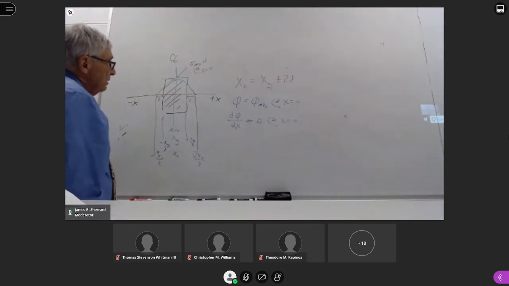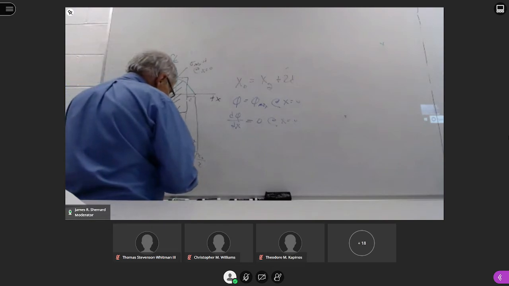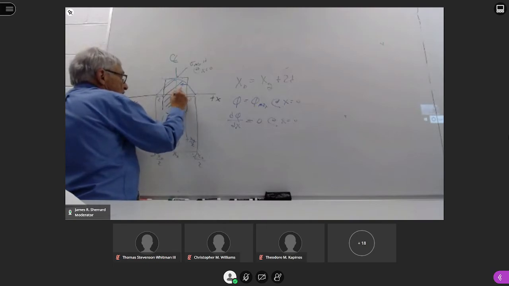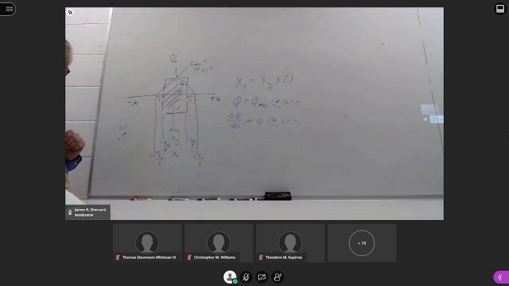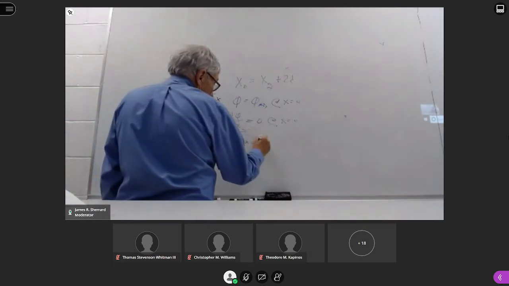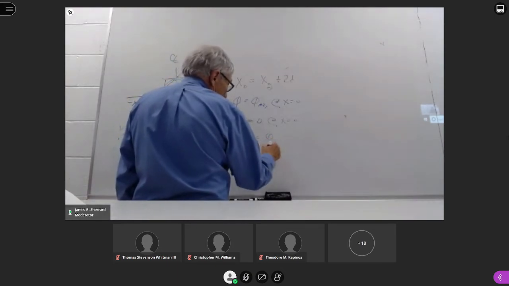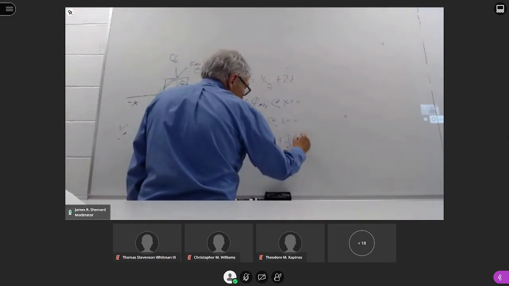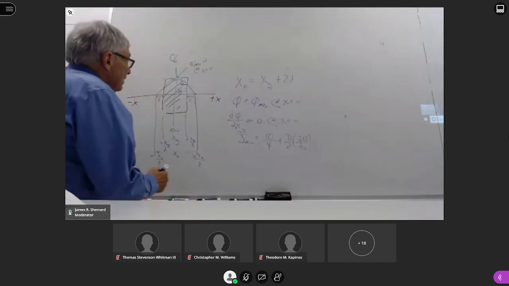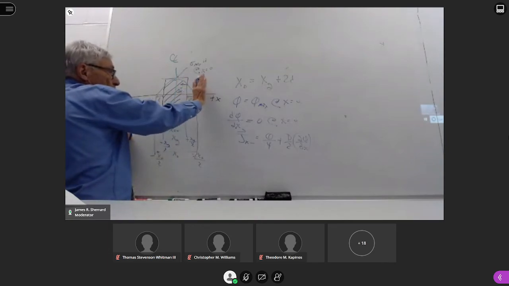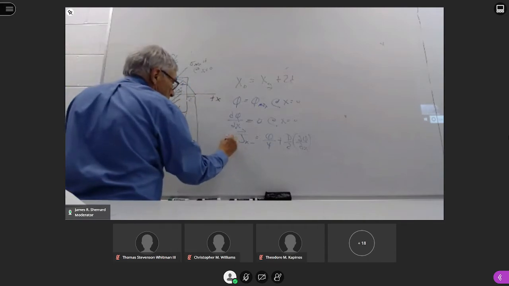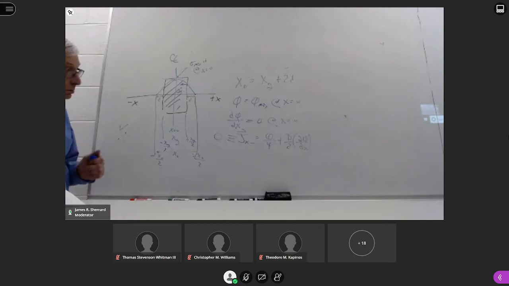So if we pick that boundary right there, and we look at the neutron current density that's going in that direction, which would be Jx minus, we know that Jx minus is equal to the flux divided by 4 plus d over 2 times the partial of the flux with respect to x. We know that this boundary, since there's no fuel and moderator out here, the neutron current density going in that direction is exactly 0.